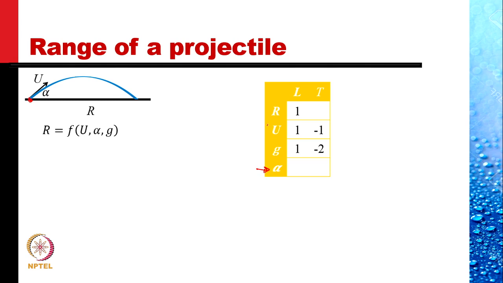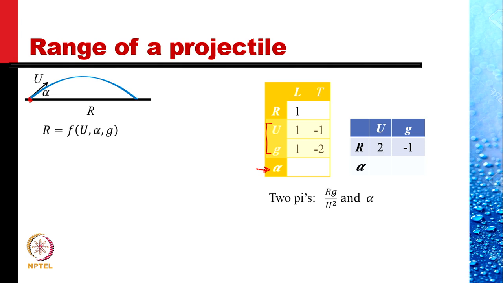We can use u and g as the basic set. So there is only one other parameter left, R, and we form the dimension of R as u square g raised to minus 1, so that the 2 pi numbers that are formed are R g by u square and alpha.